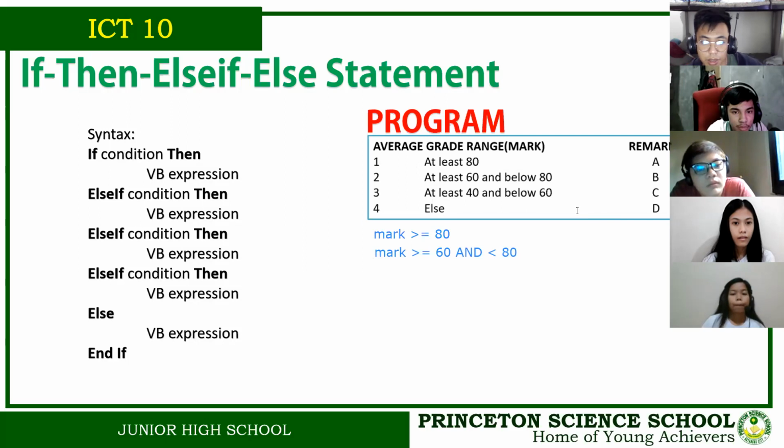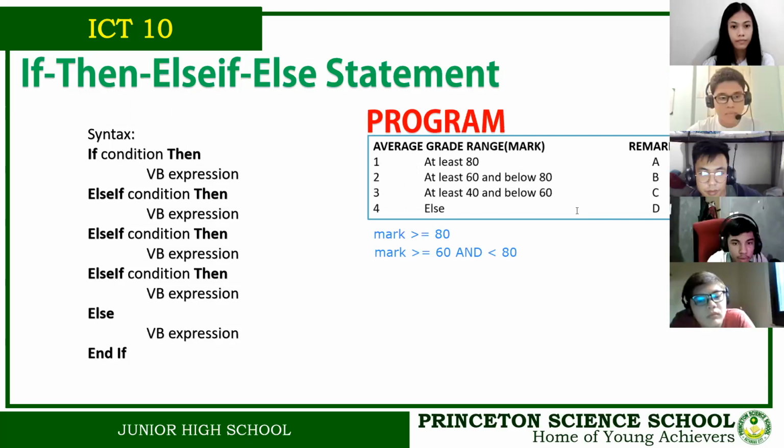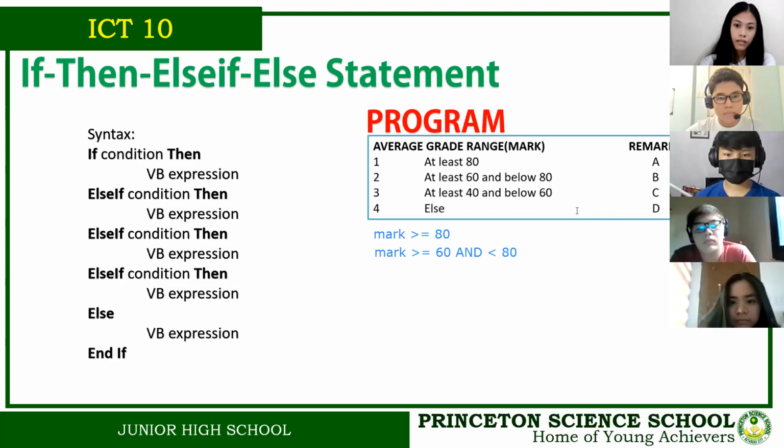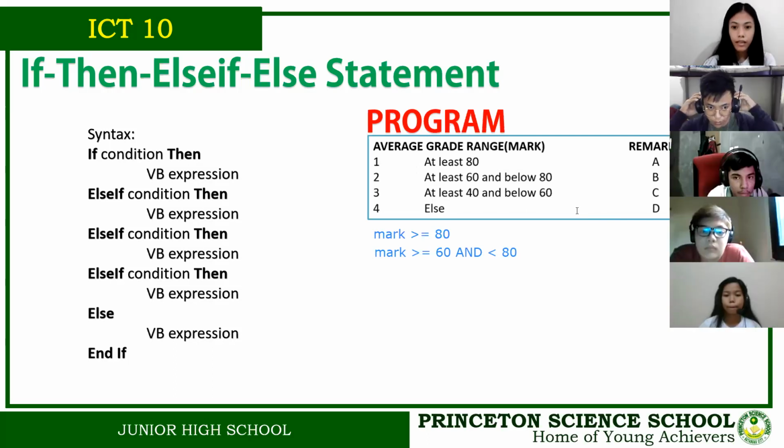How about for the third one? Yes, Papilo. Teacher, if mark is greater than or equal to 40 and less than 60, then it will display C. Okay, so that's correct.